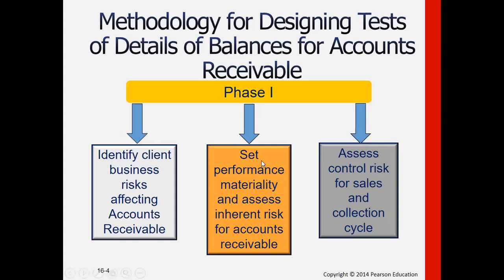While lower than that will be considered immaterial, and that is for a practical or economical approach, because we cannot investigate and audit everything. Otherwise, we'll not be able to finish the audit process. Then we assess control risk for the sales and collection cycle, as I said a while ago.